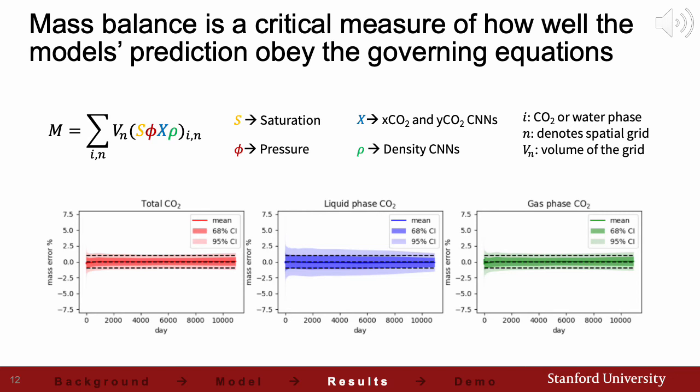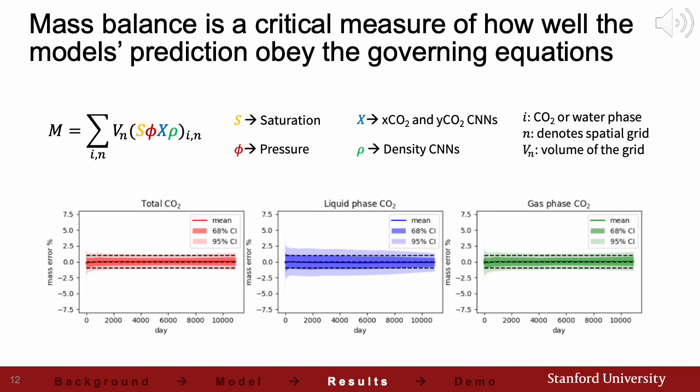The saturation is predicted by the saturation model. The porosity is predicted by the pressure model because the rock is compressible. We also have the molar fraction and density predicted by the molar fraction model and density model in the prediction sequence. Combining all of these outputs together, we can calculate the total CO2 mass, the liquid phase CO2 mass, and the gas phase CO2 mass.